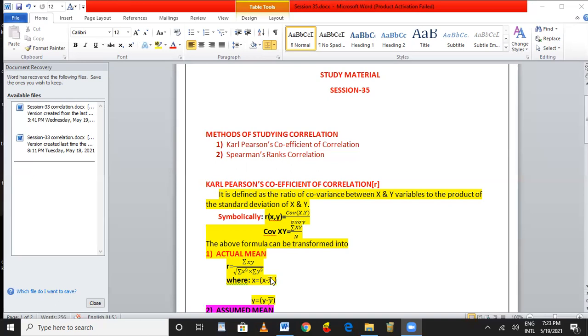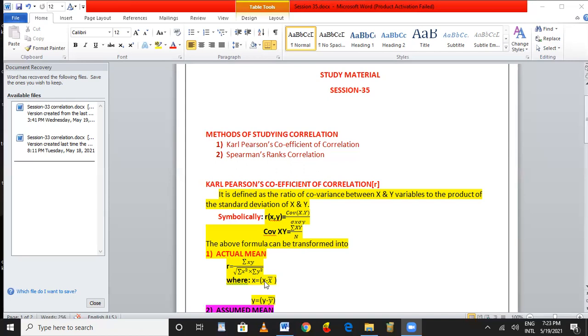If you add all these and divide by the number of items. How many items are there? 10 first, 20 second, 30 third, 40 fourth, 50 fifth. 5 items are there. The total divided by 5 gives the x bar.